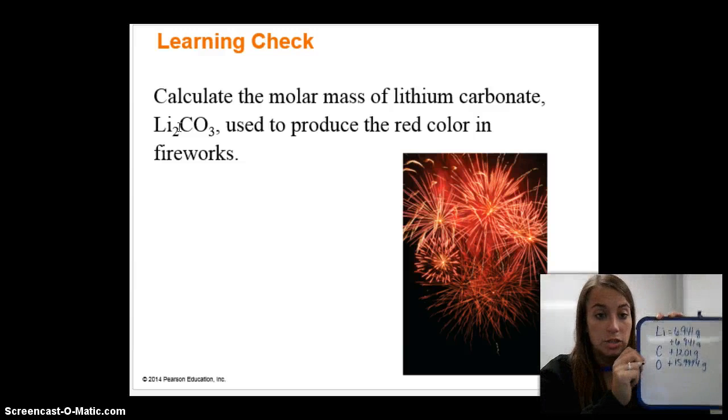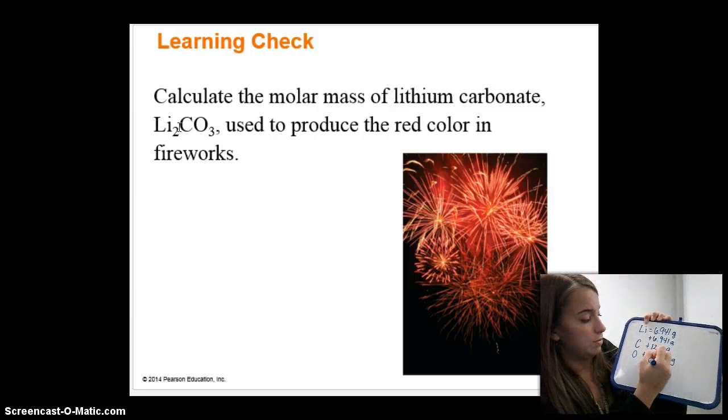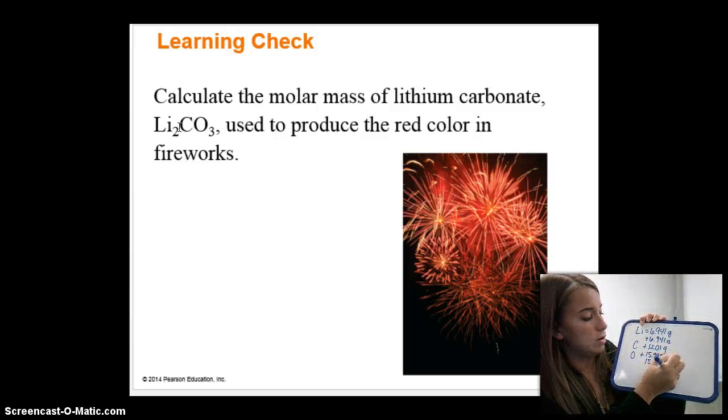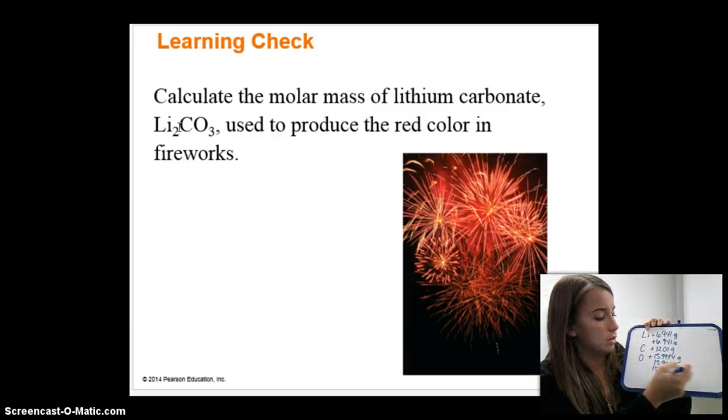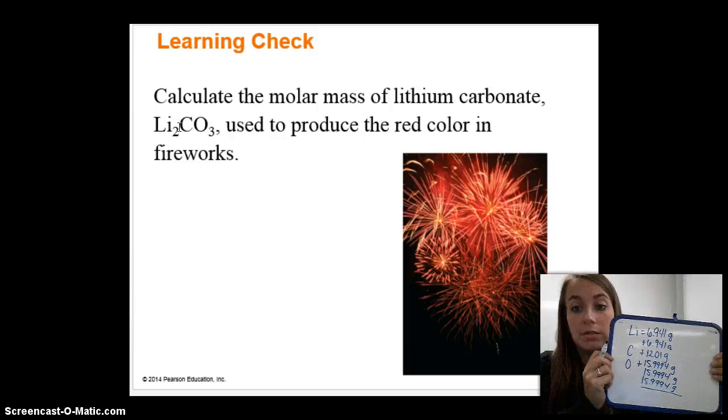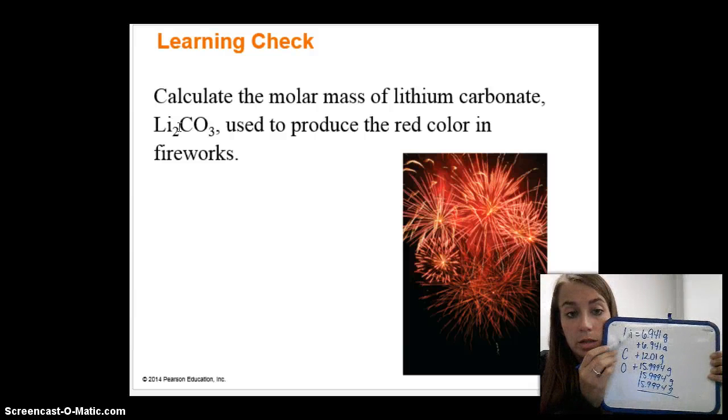We've got 3 oxygens, so I'm going to write that 2 more times. Okay, so to calculate the molar mass of lithium carbonate, I need 2 lithiums, 1 carbon, and 3 oxygen molar masses added together.